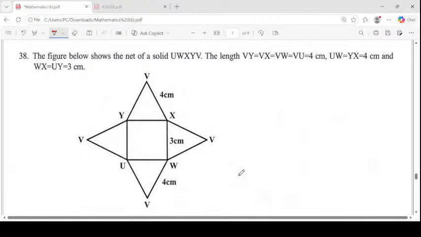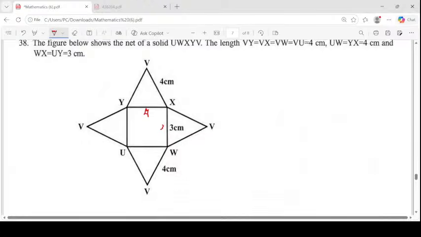They are saying VY is equal to VX is equal to VW is equal to VU is equal to 4. UW is equal to YX is equal to 4. So this is 3, this is 4, meaning that the figure at the center here, the base, is a rectangle, then this is a rectangular based pyramid.